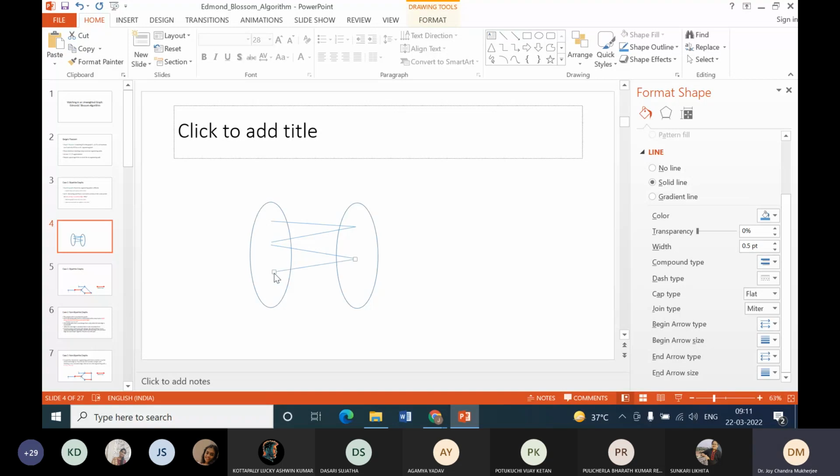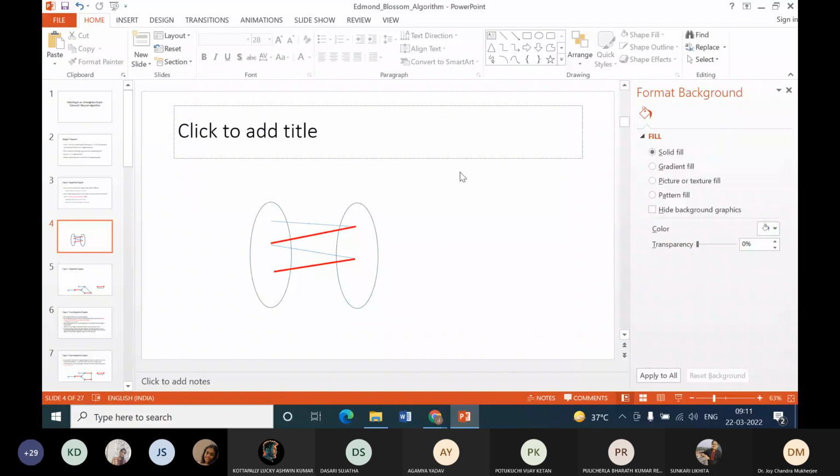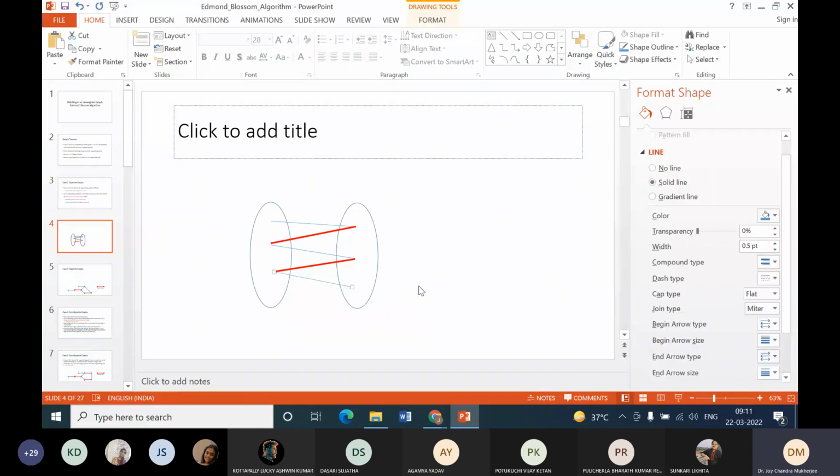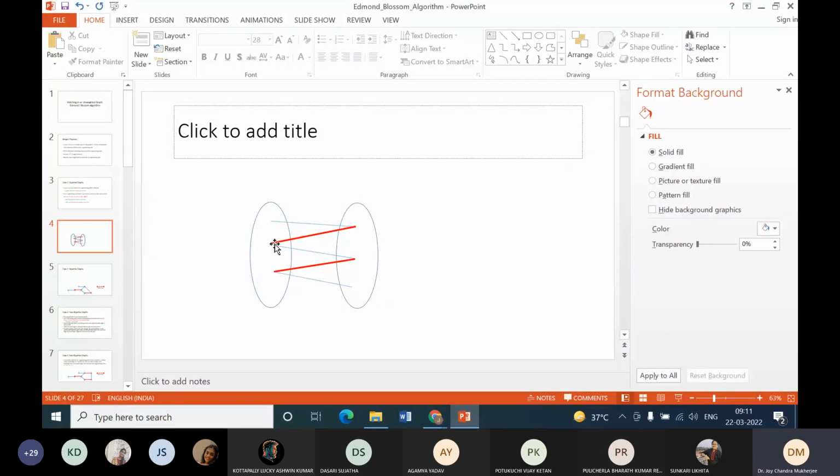So I always come back to my original partite through a saturated edge, and this is for a bipartite graph.